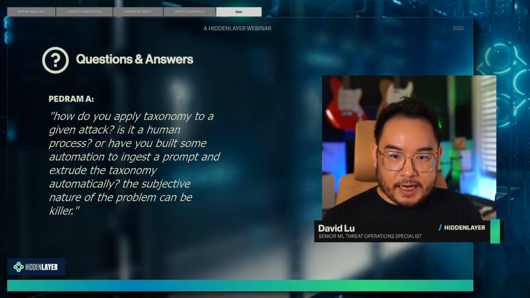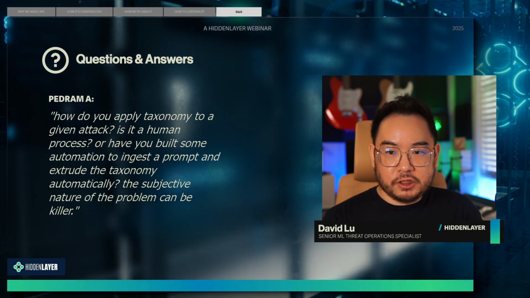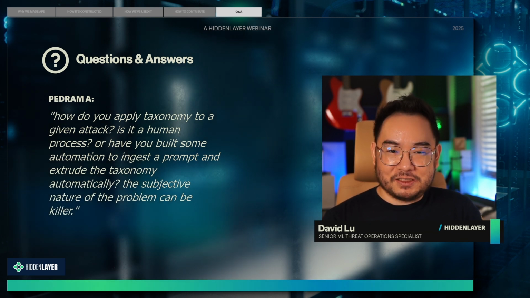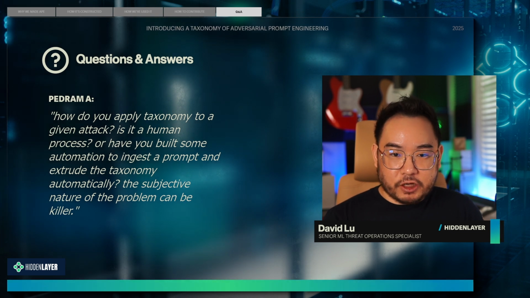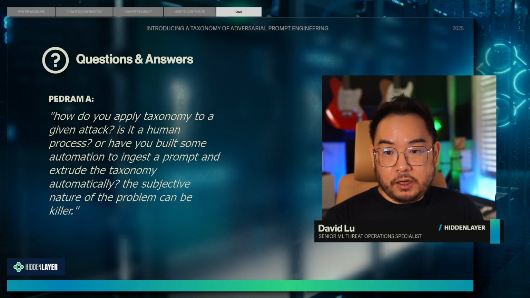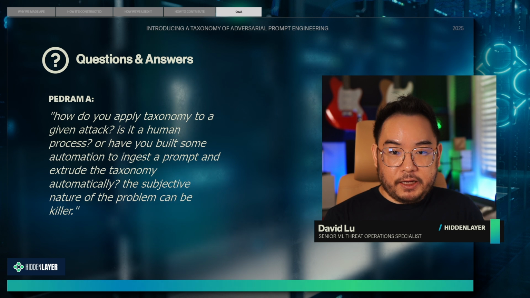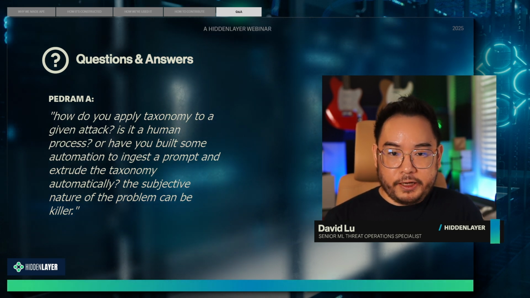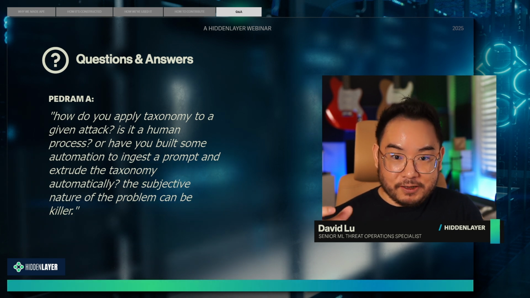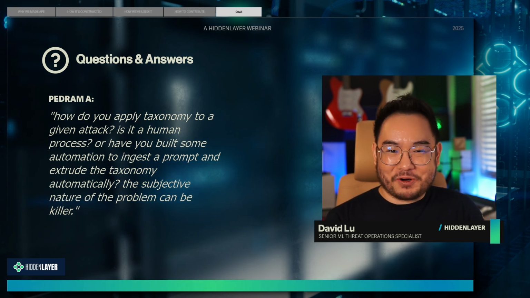So when we're trying to tag a prompt that is natural language, it's of course going to have some subjective nature as far as what kind of adversarial technique it's using, because there are borderline cases. And part of the taxonomy is it's not going to prescribe where the delineation of that border is, right? It should preserve that natural language is vague, and it's going to have borderline cases.